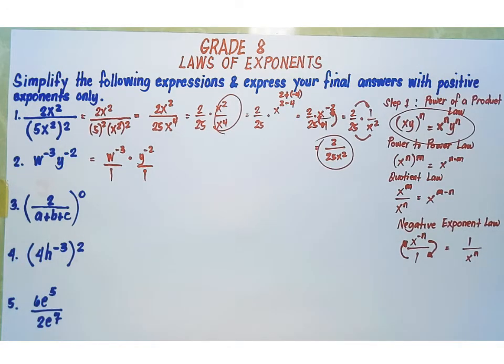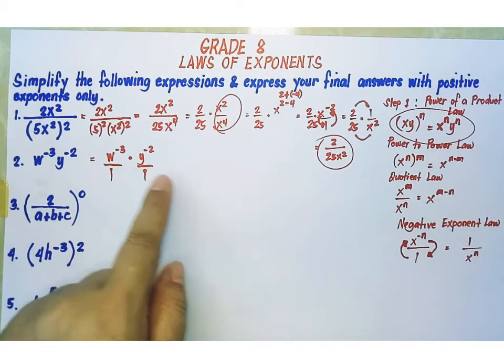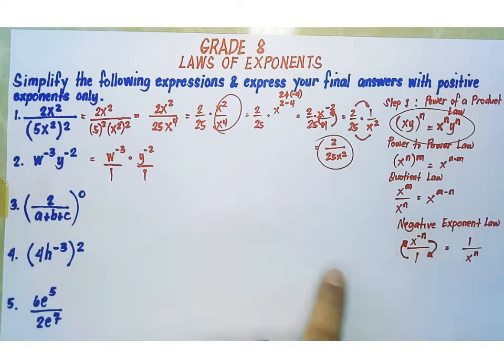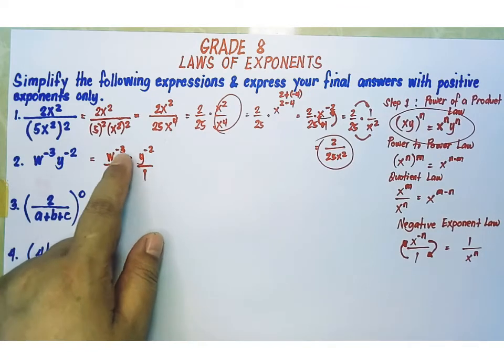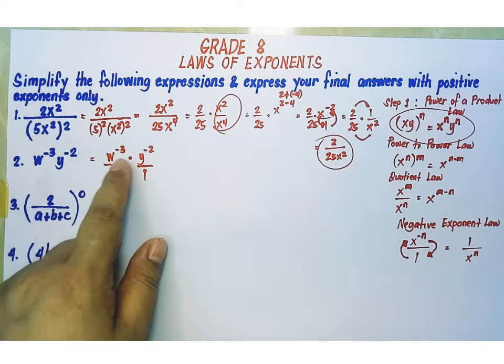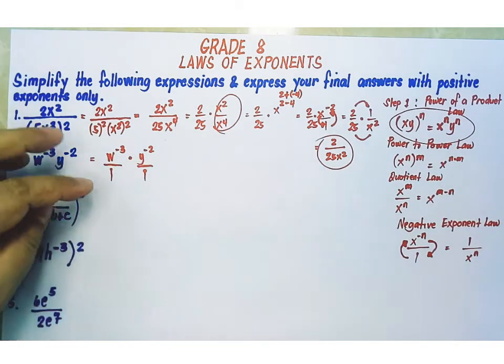Okay? So, ang i-apply natin to simplify is the negative exponent law. So, we don't want negative exponents in our final answer. So, paano natin gagawing positive yung mga exponents?